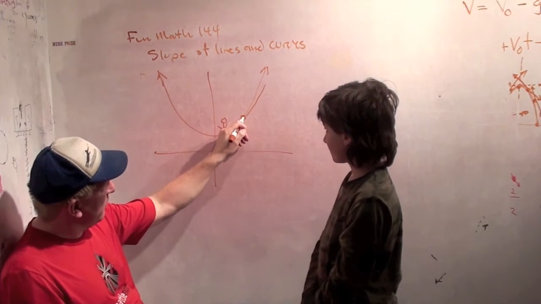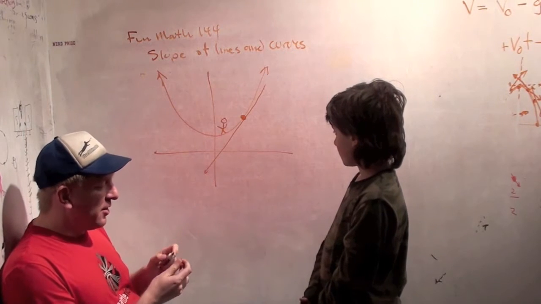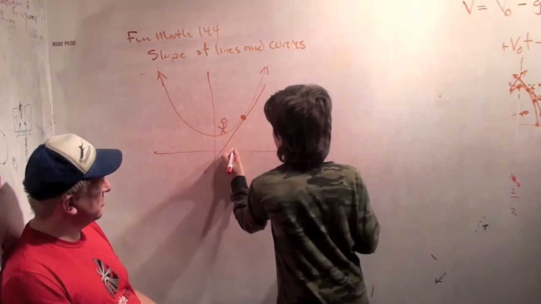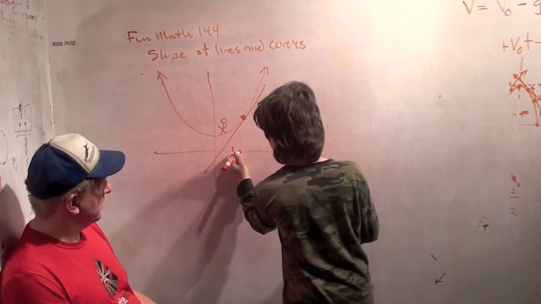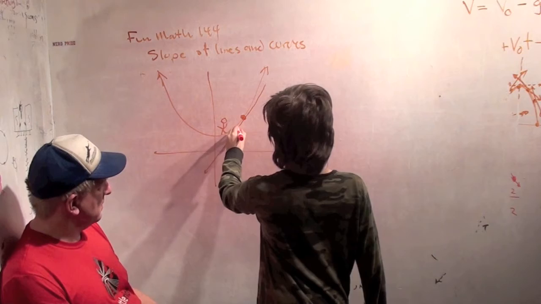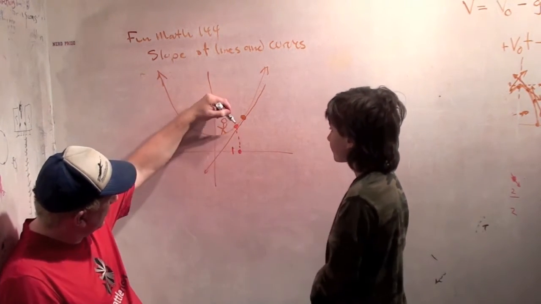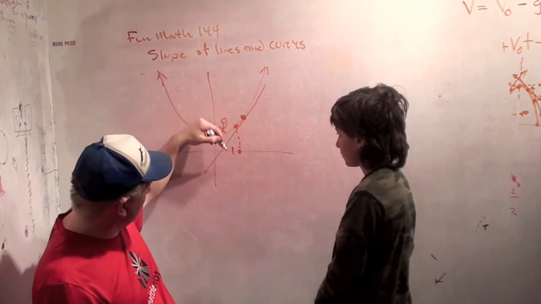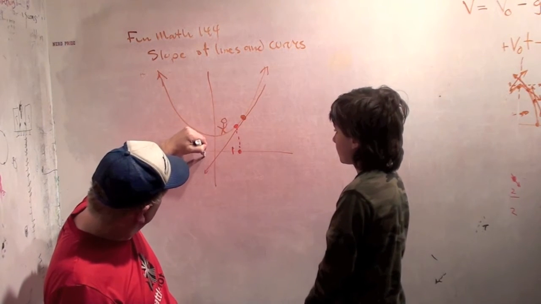But we only have one point there. So how do you figure out the slope at a particular point? Do you remember what I showed you? We make a point that's really close to our point on this parabola, but not equal to it, and we connect these two points.